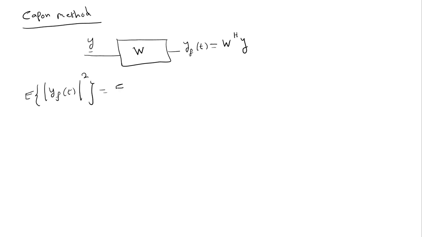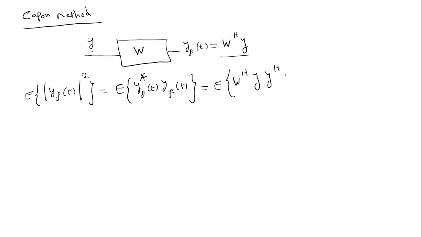We can rewrite it as expected value of y_f(t) conjugate y_f(t), and if we use this term we will have W Hermitian y y Hermitian W, and finally we have W Hermitian expected value y y Hermitian W, where expected value y y Hermitian is the correlation matrix of the input vector.